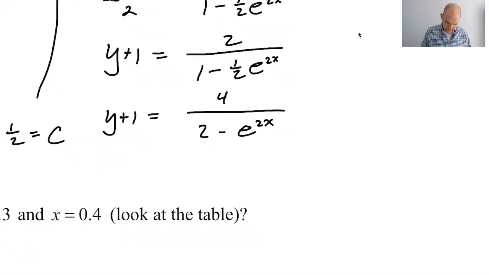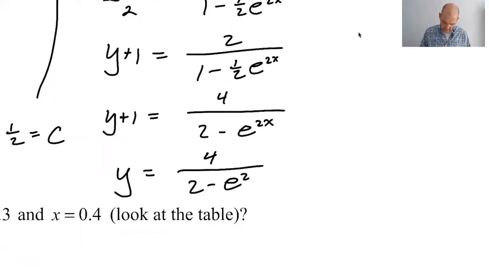Okay, and then subtract 1. So 4/(2 − e^(2x)) − 1. But I'm going to write 1 as (2 − e^(2x))/(2 − e^(2x)). So this whole thing is 1.